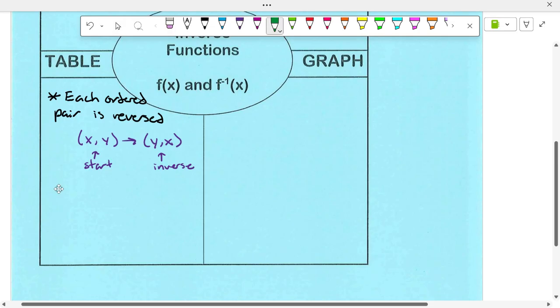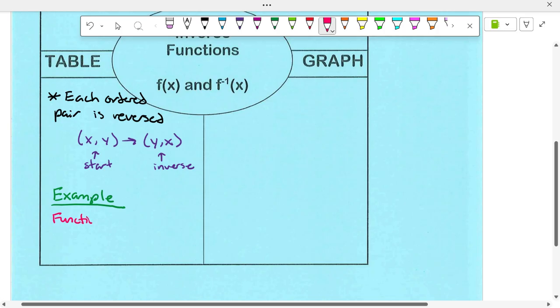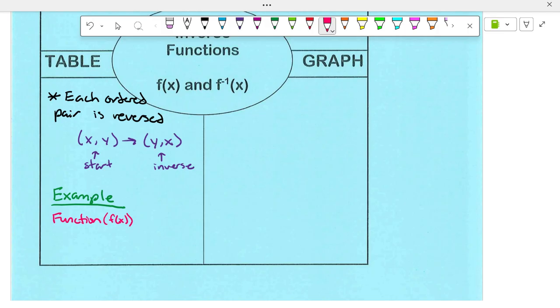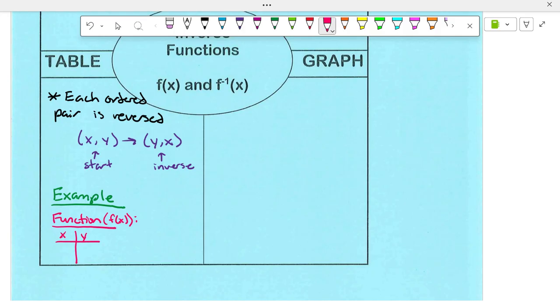For example, we're going to do just like we did in the warm-up. If my function, and remember that can also be written as f of x, has x and y values, let's say I had x: 2, 4, 6 and y: 3, 7, -5.